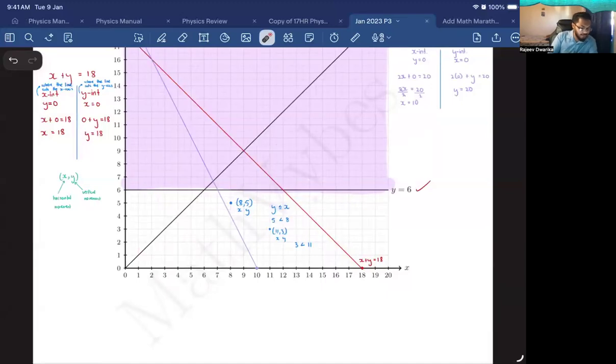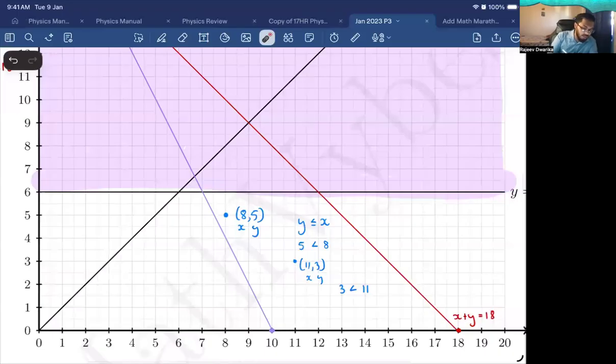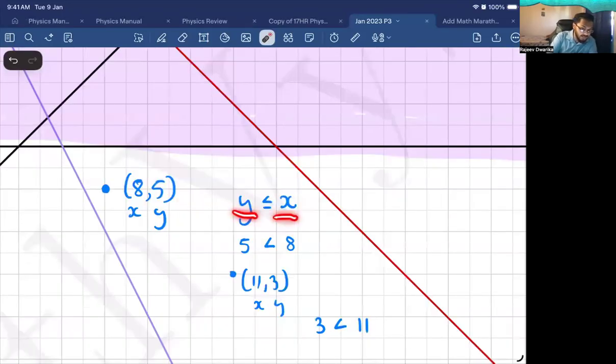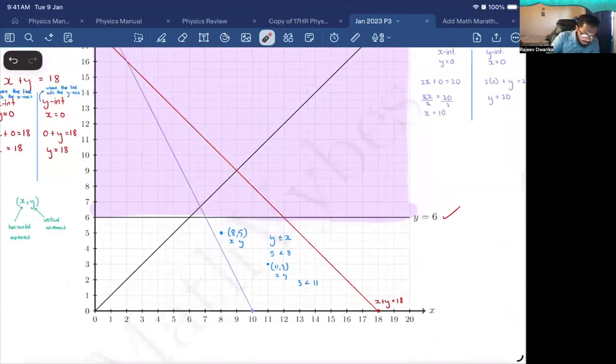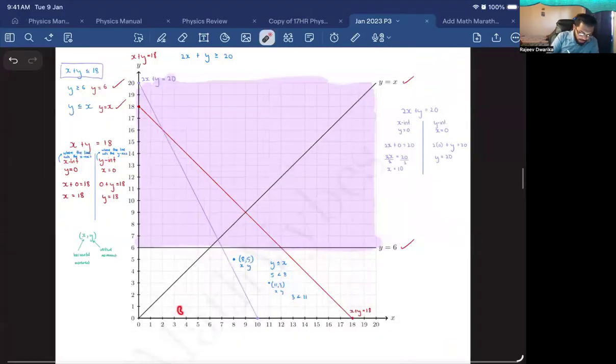Yes, because we want to represent the inequality where y is less than x. Okay, so I'm going to shade this region over here.